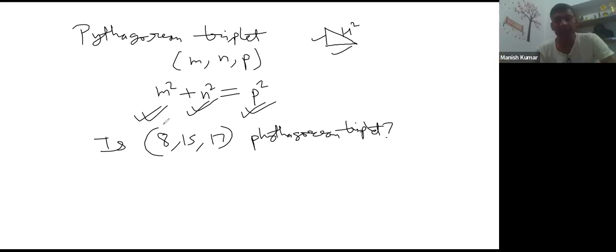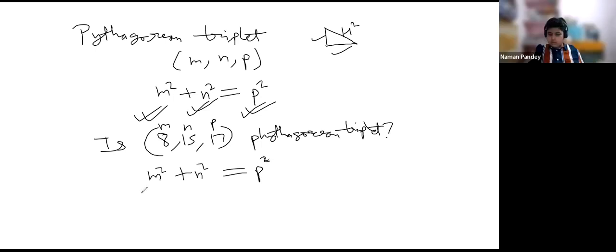See here, 8 is m, 15 is n, and 17 is p. Now we have to check: is m square plus n square equal to p square? So check it once and tell me what your answer is.